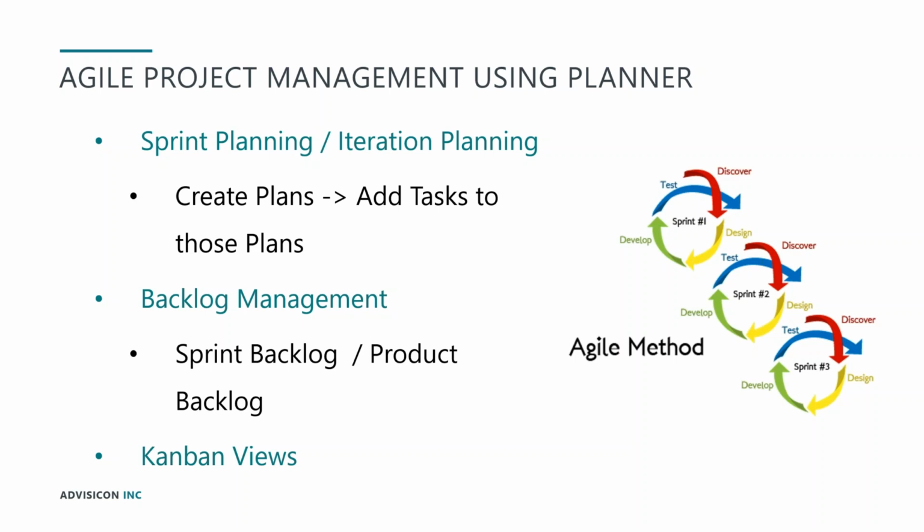You're also able to use the visuals that are provided in Planner. You can see a very simple burn down chart, so you can see the tasks that have been completed, the ones in process, and the ones that have not started yet. You can see all those burning down across the various sprints and see how you're doing.